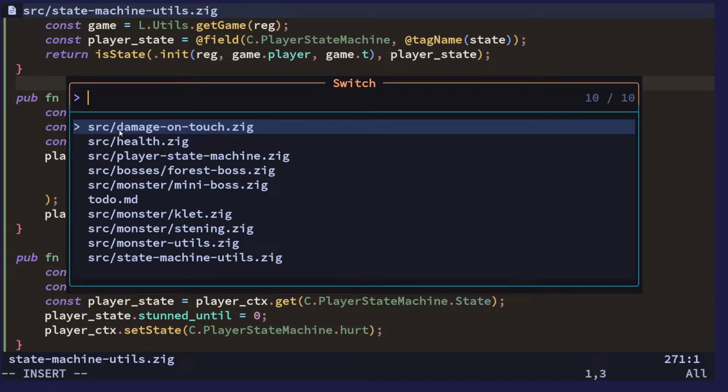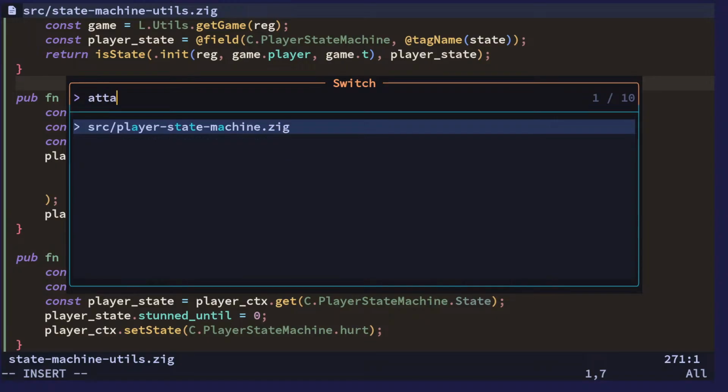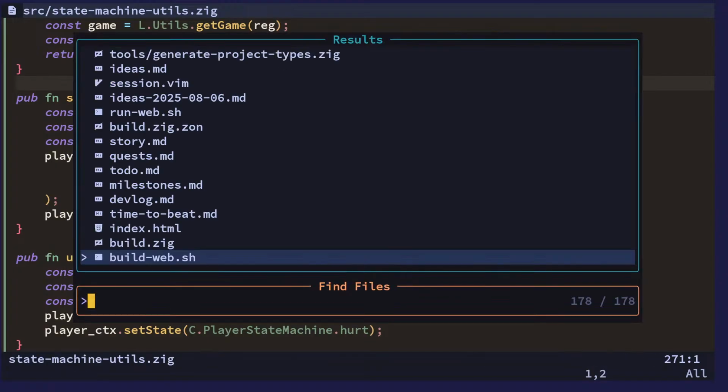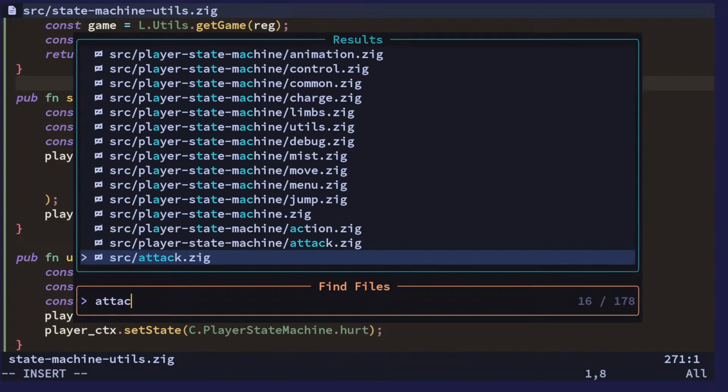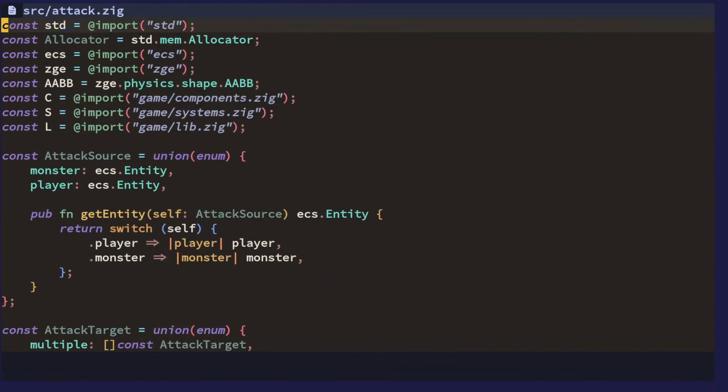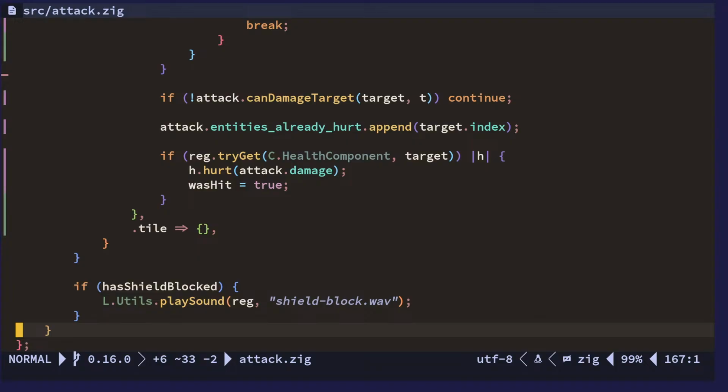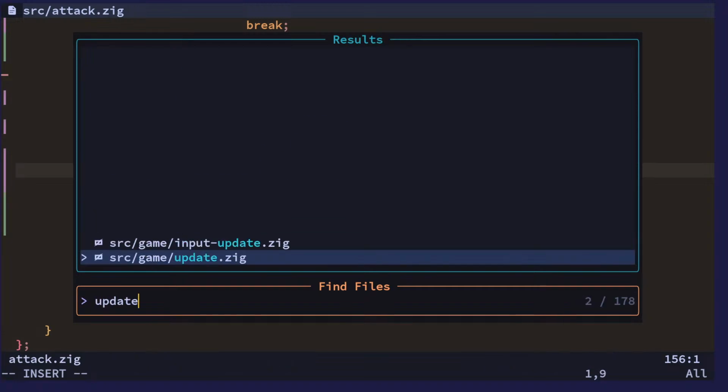I mean, most of the damage actually is damage on touch. We also have the attack system, which does also deal damage here. But those two systems happen at different times.